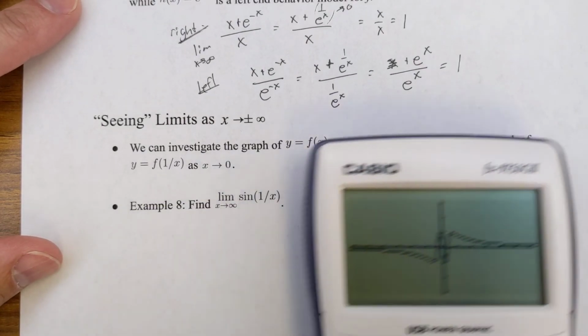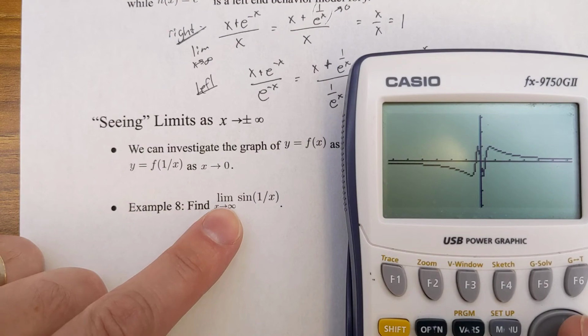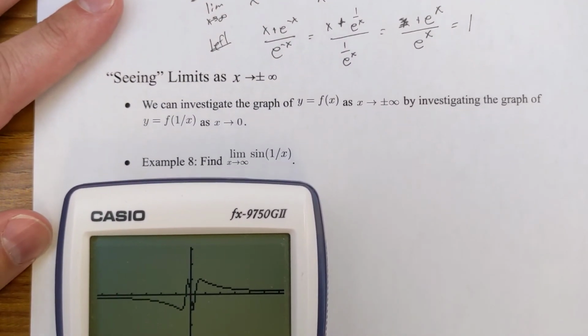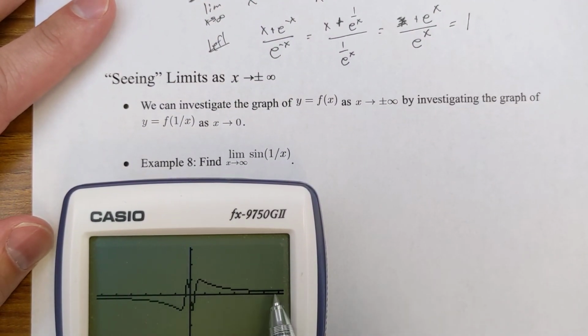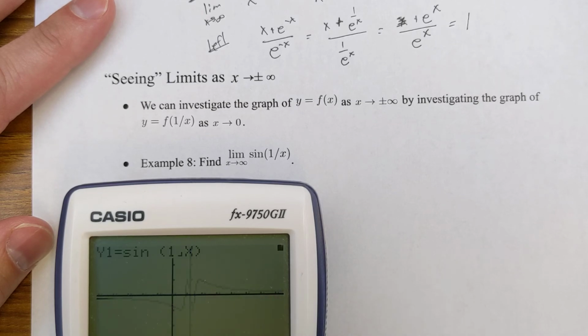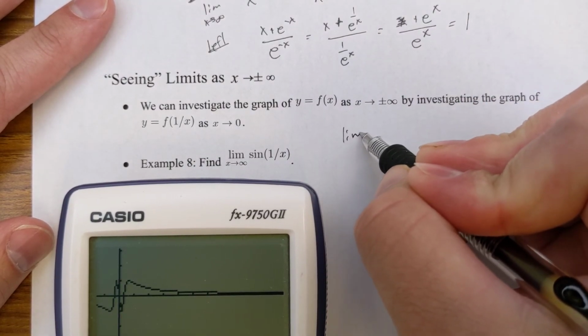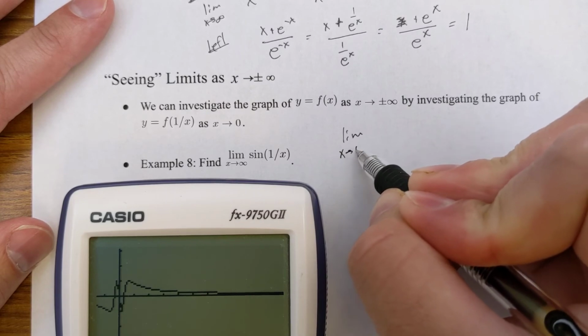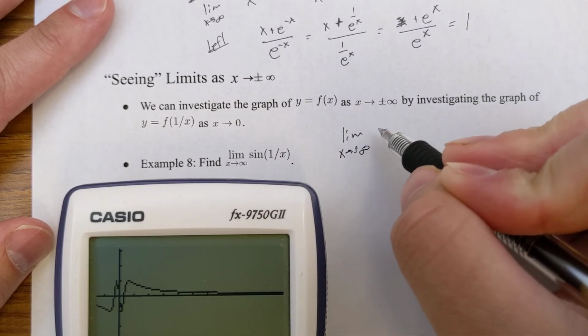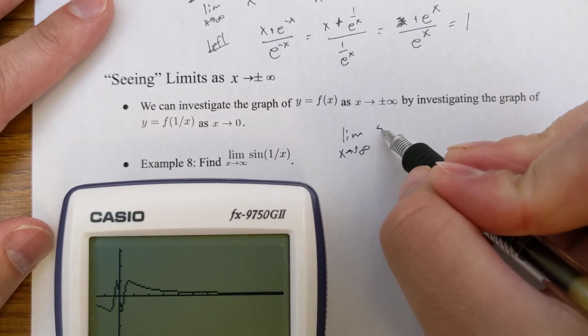So we're looking for the limit as I go to positive infinity. So positive infinity is off the right-hand side, and if you look, this graph is dropping, dropping, dropping, dropping, and eventually will reach 0.